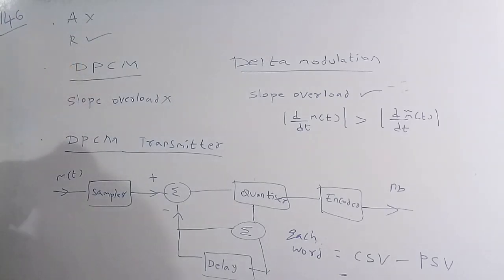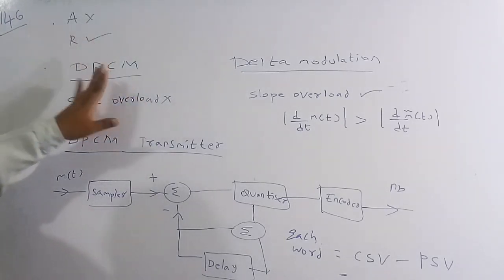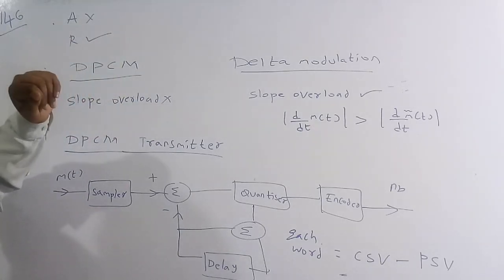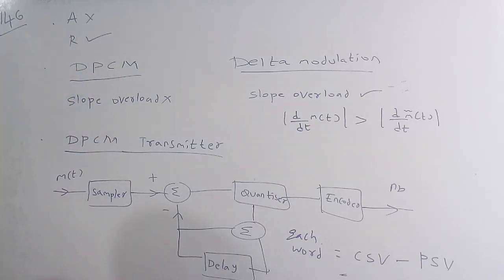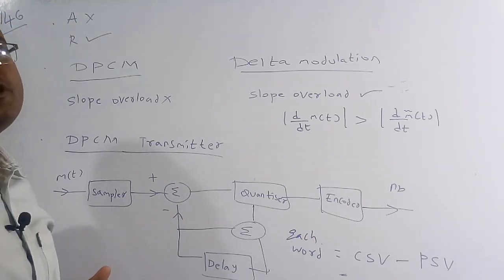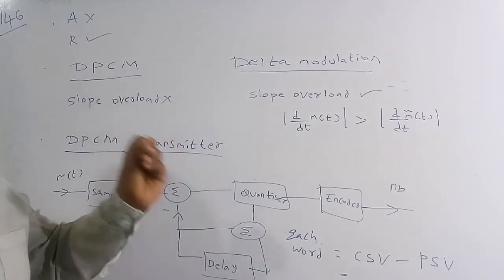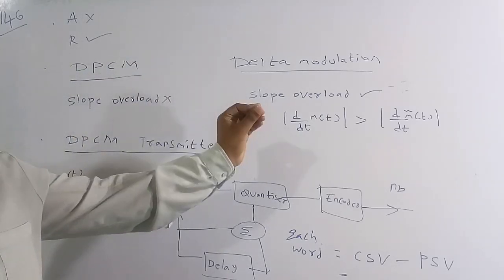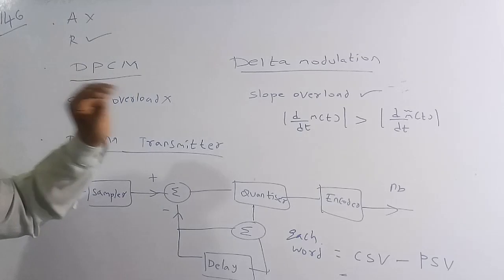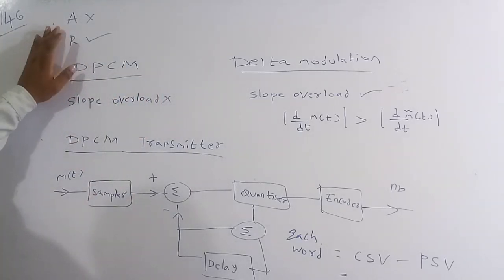Now, differential pulse code modulation: the slope overload concept is not related to differential pulse code modulation. So the assertion is wrong. In the assertion they have said that slope overload is a problem in differential pulse code modulation. No, because the slope overload concept relates only to delta modulation. It has no relation with differential pulse code modulation. So the assertion is wrong.